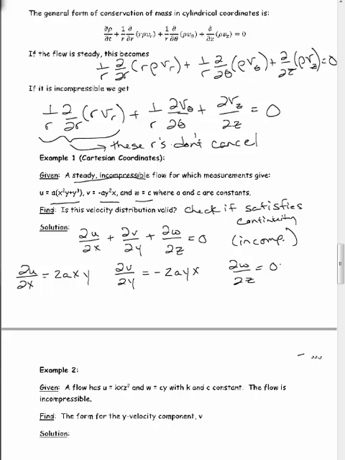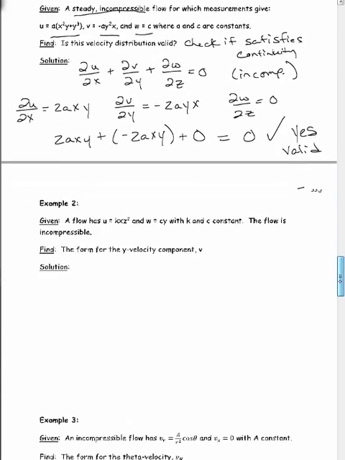Okay, so let's plug these into our continuity equation. And so what you get is 2axy, and then plus our dv/dy, minus 2axy, and then plus 0. Does that equal 0? Yes, it does. Check. So yes, it does satisfy continuity and it's valid.